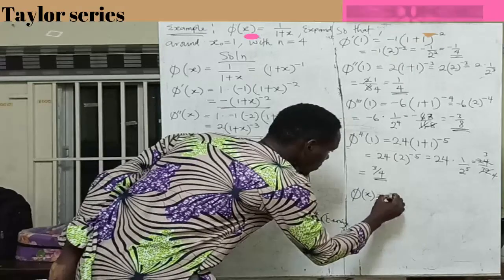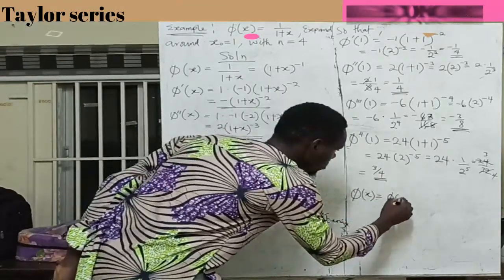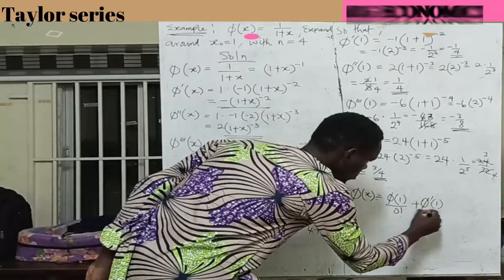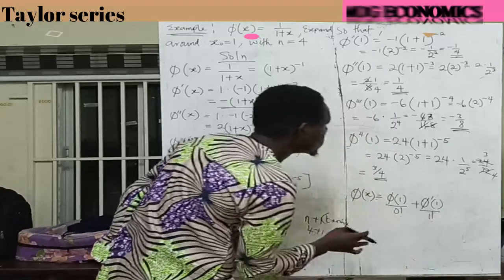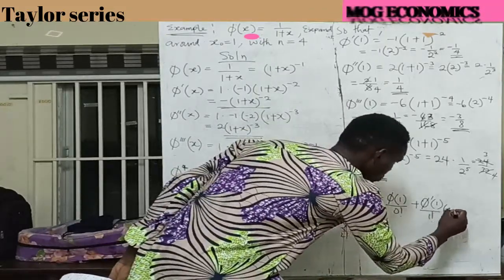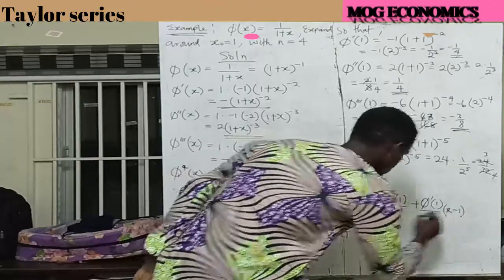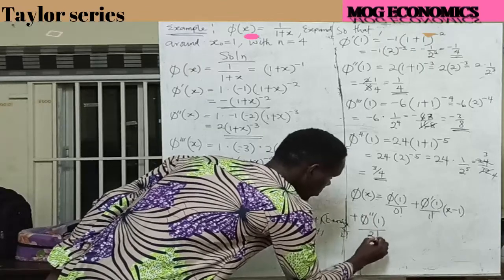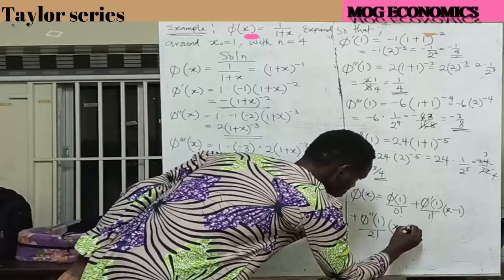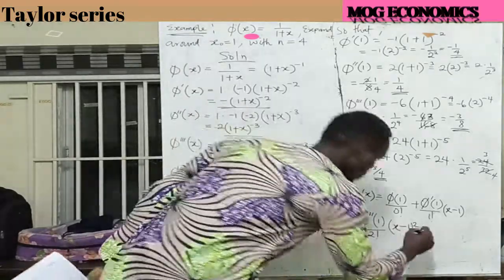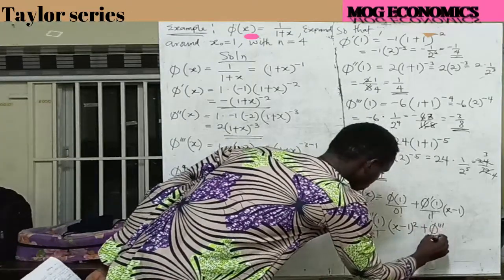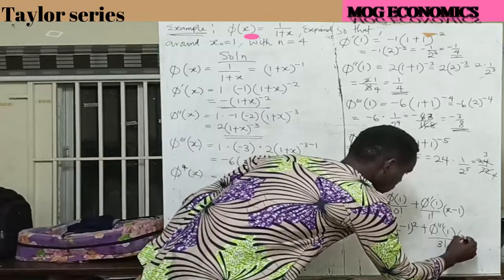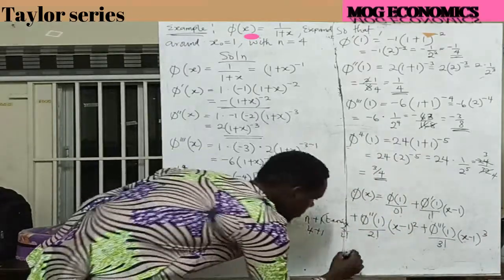So this is what I mean. Here we have our original function, then plus the second order term, this squared, plus the third order term, to the power of 3, and the fourth order term.